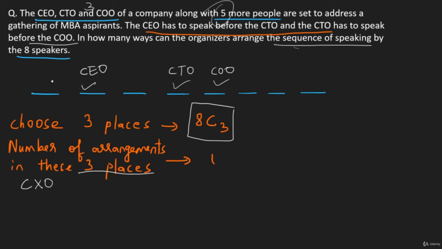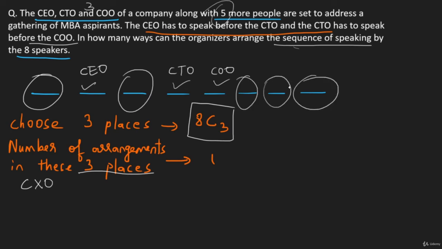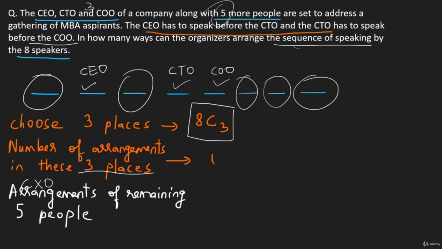Alright, now over here we have 5 more places left, right? And there is no restriction in the sequence in which these 5 people can be arranged to speak. Therefore, these 5 people can be arranged in 5 factorial ways, right? That's 5 people in 5 places, and that can be done in 5 factorial ways.